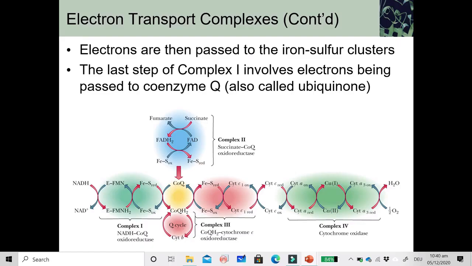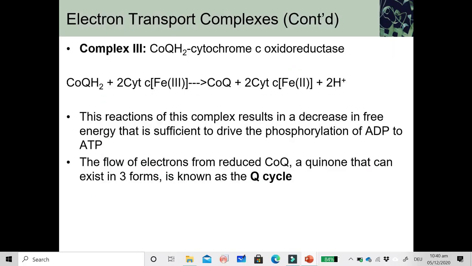It moves around the inner mitochondrial membrane. Complex 3 involves the oxidation of reduced coenzyme Q, or ubiquinol, into oxidized ubiquinone, forming cytochrome C, which is reduced.